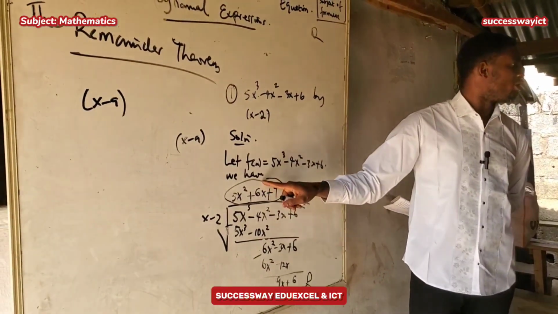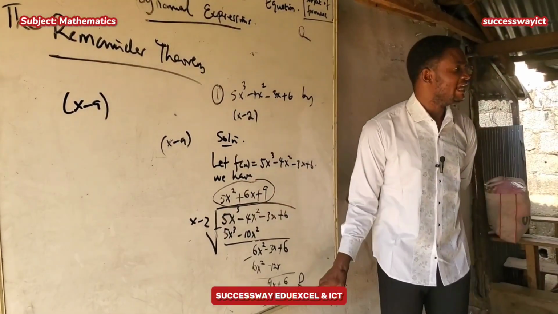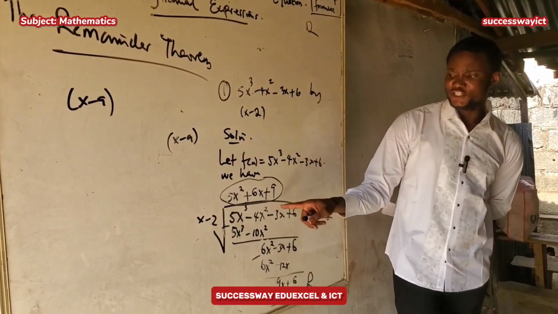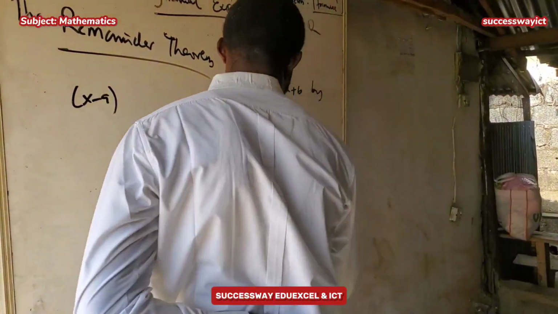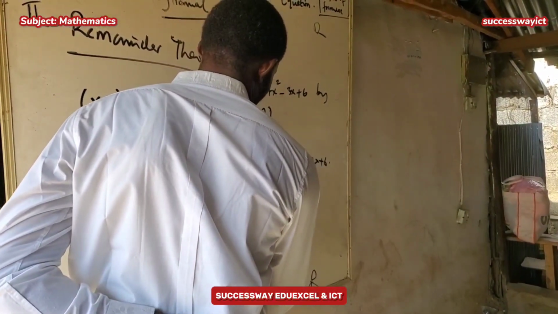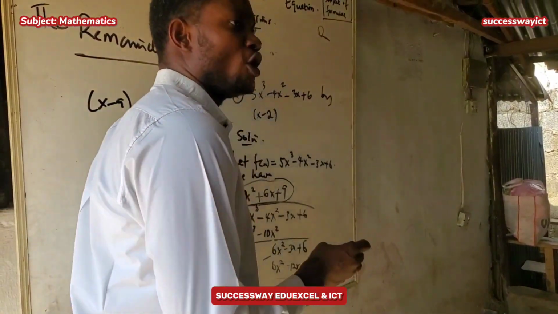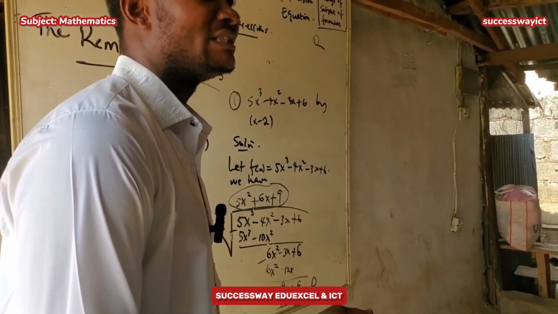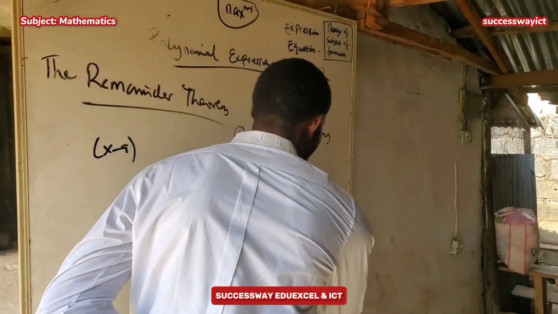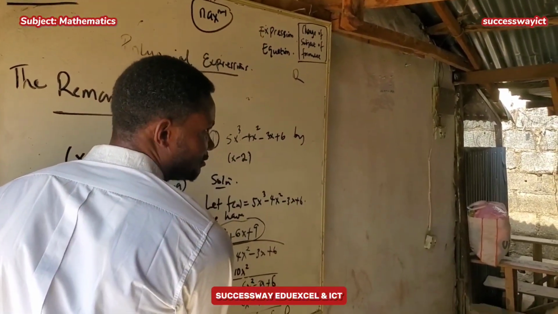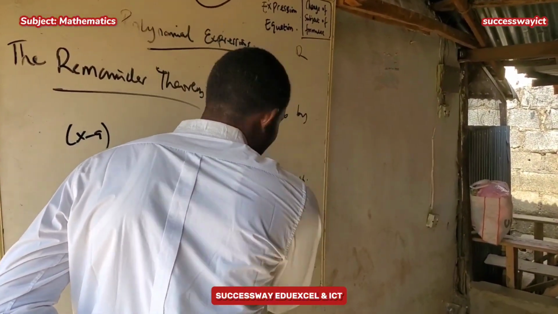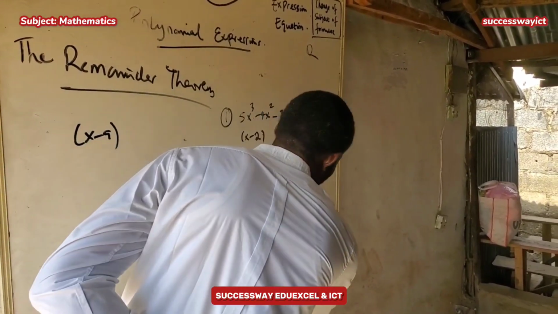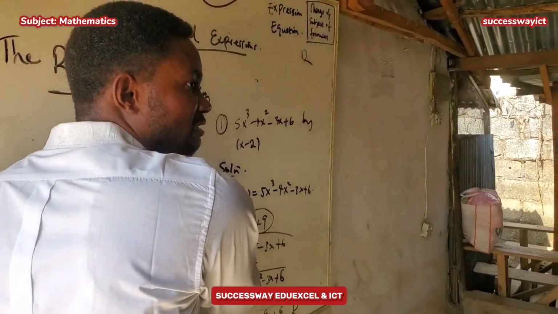This is your remainder. Your f of x is called what? This is the dividend. This is the divisor. You have the dividend, the divisor, the remainder, and the quotient.